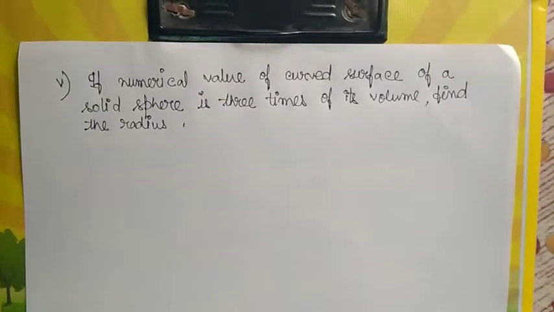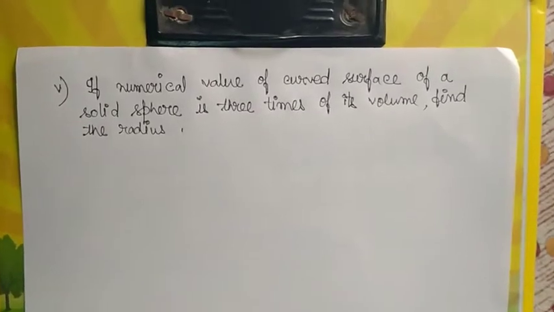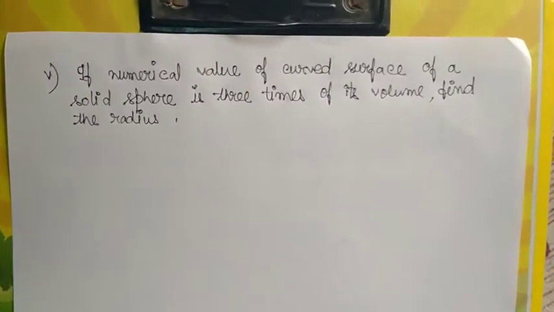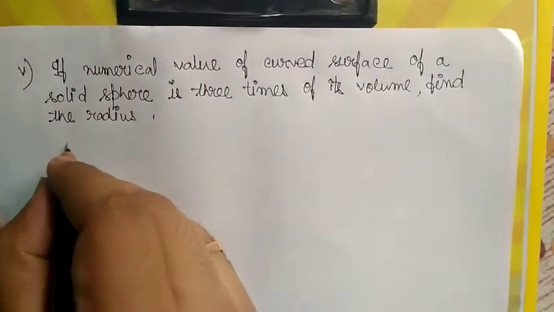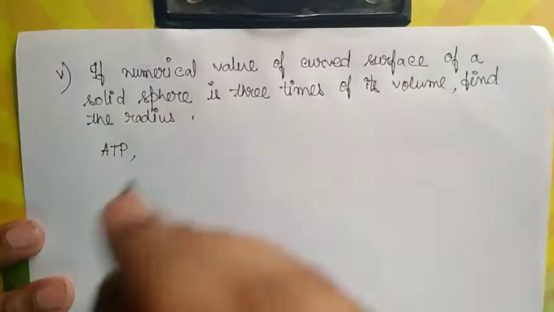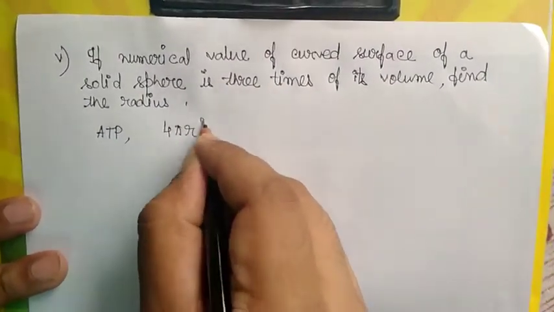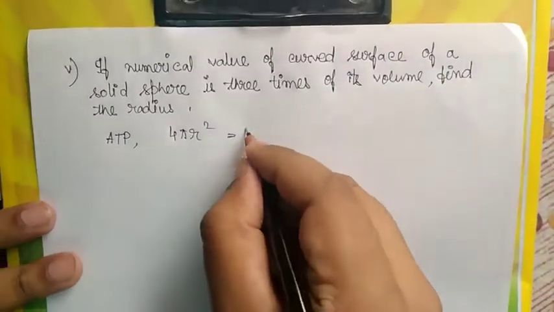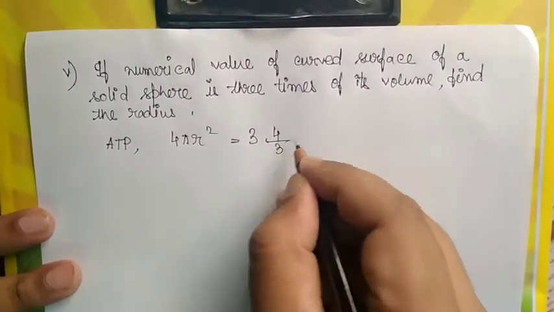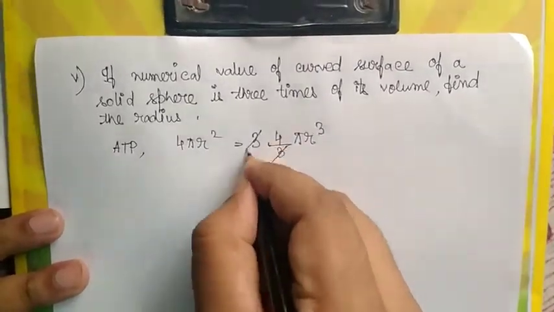This is sum number 15, part 5. If the numerical value of the curved surface area of a solid sphere is 3 times its volume, then find the radius. So according to the problem, the curved surface area of a solid sphere, the formula is 4 pi r square, equal to 3 times its volume. The volume formula is 4 by 3 pi r cube. Eliminate 3 and 3.